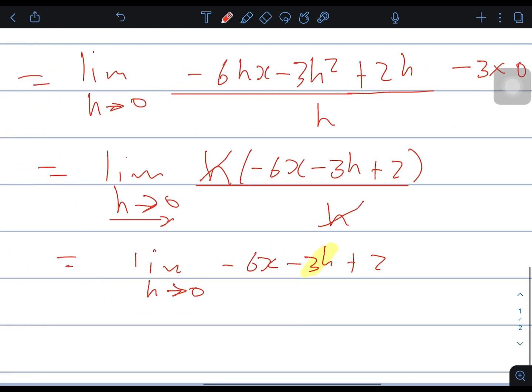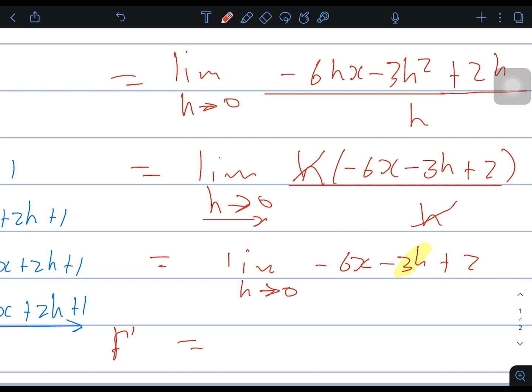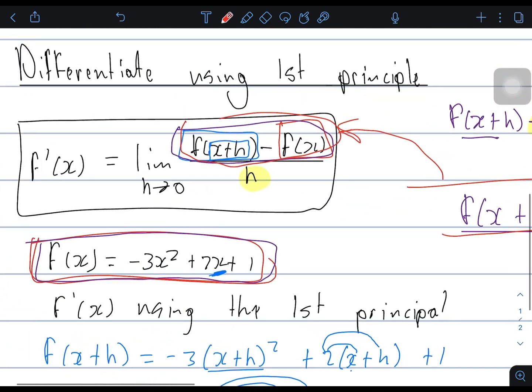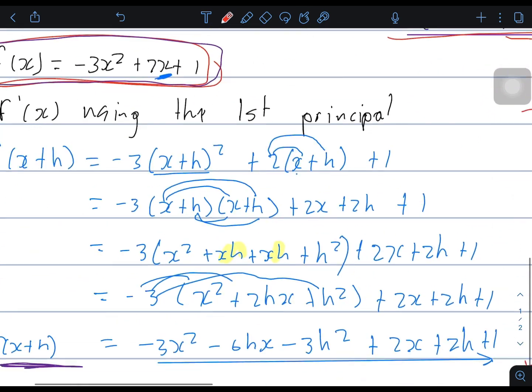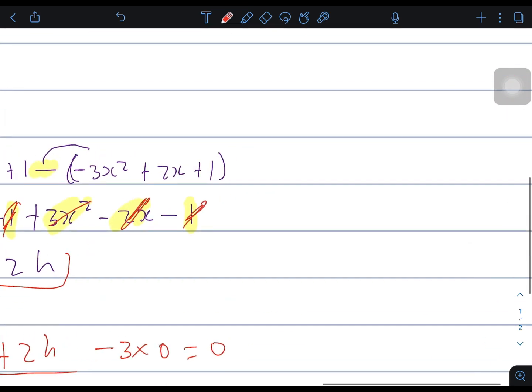That means now our derivative of f of x will be equal to negative 6x plus 2. We have basically differentiated using the first principle.